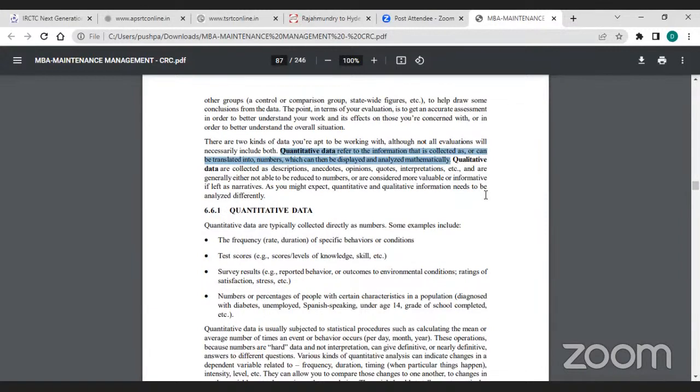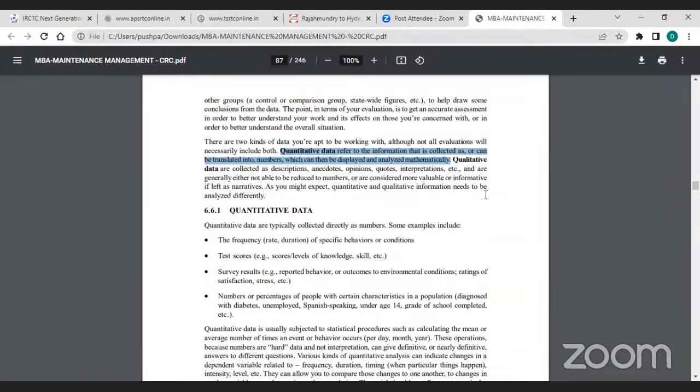There are different statistical tests used for quantitative data, and different statistical tests used for qualitative data. So we cannot use the same statistical measure for both. Some data will be in quantitative form, some in qualitative form.